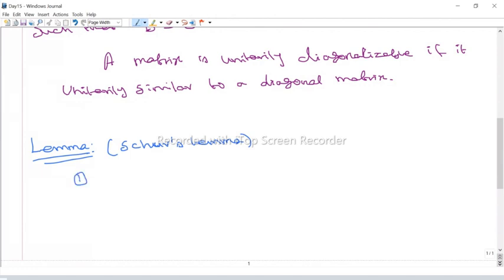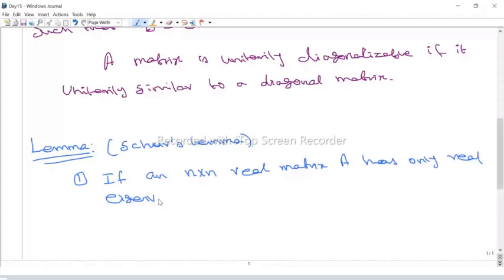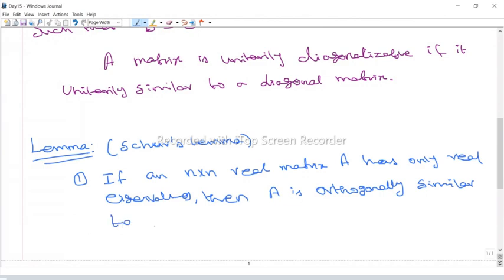First one: if you take any n by n real matrix A, and A has only real eigenvalues, then A is orthogonally similar to an upper triangular matrix.